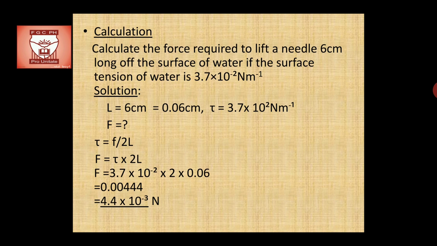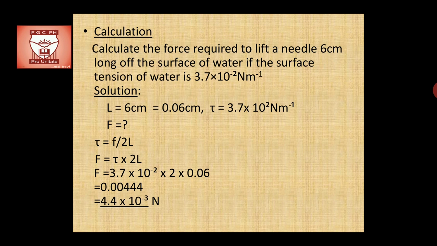Solution. As usual, write out all the information given to you. L equals 6 cm. Convert it to meters. You will have 0.06 meters. Not cm here, 0.06 meters. So you can correct that unit there.